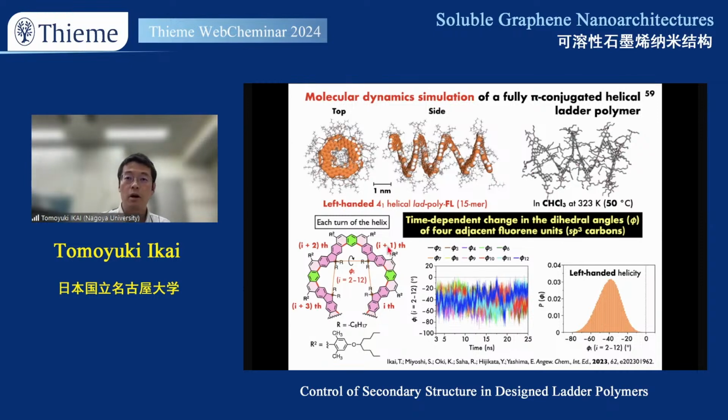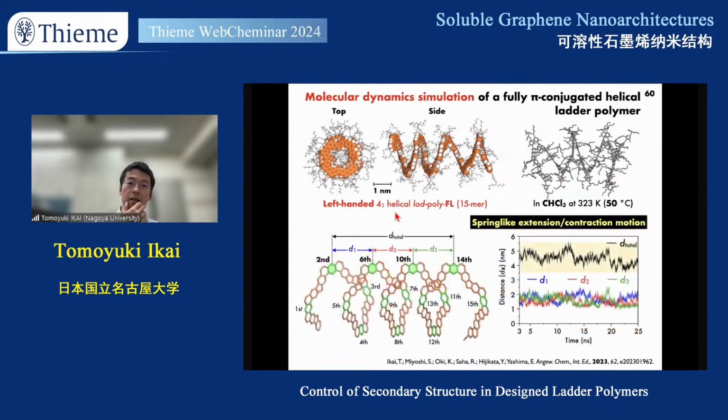So 4 helical turns is a sufficient condition that is consistent with the experimental data. And this MD simulation clarified that the helical pitch is about 1.5 nanometers, but fluctuates within a range, along with a unique spring-like extension and contraction motion.